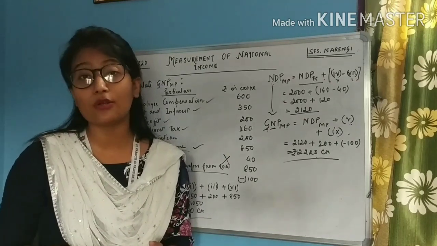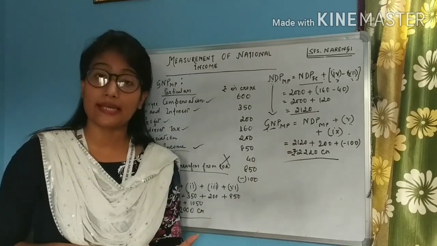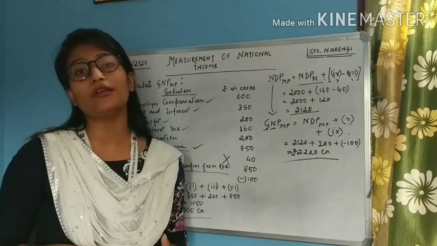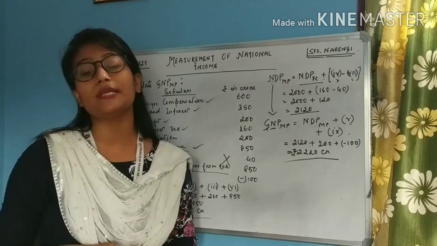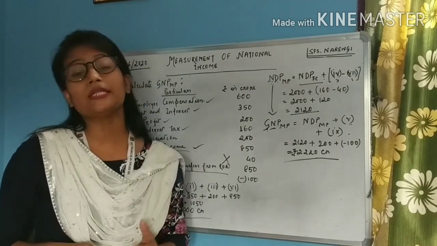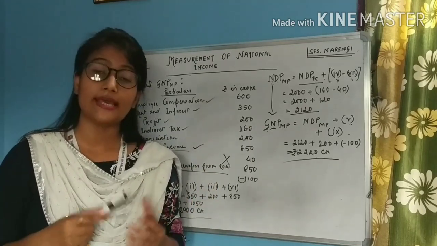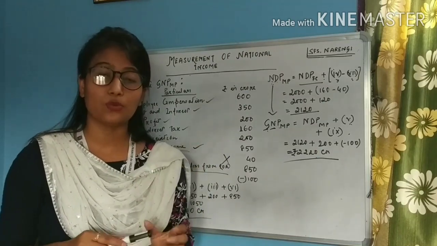Compensation of employees include wages paid in cash, wages paid in kind, pension post-retirement, and employer's contribution to social security schemes. Then operating surplus includes rent and royalty, interest, and profit. Profit in turn can be used to pay out dividends, can be used to pay corporate tax, and it can also be kept as retained earnings. And the last one is the mixed income.